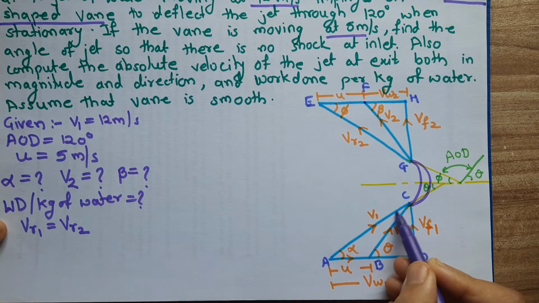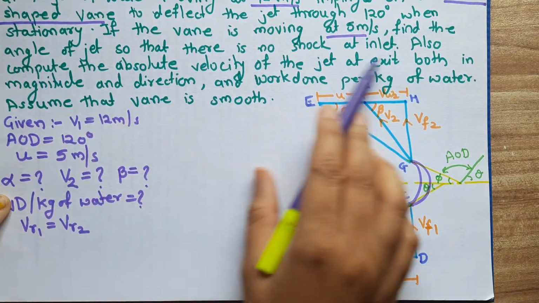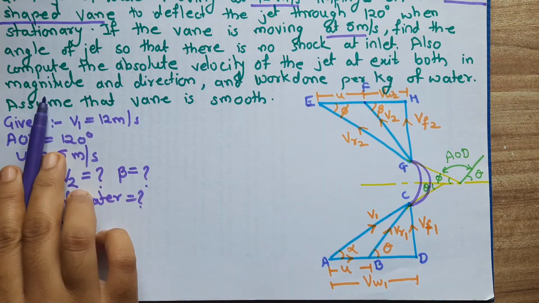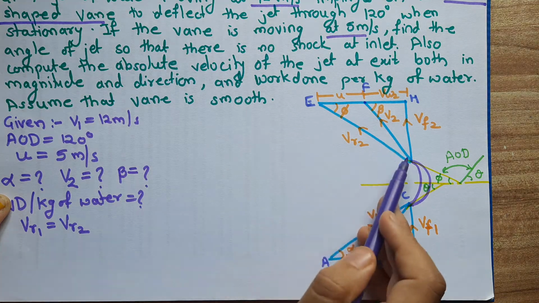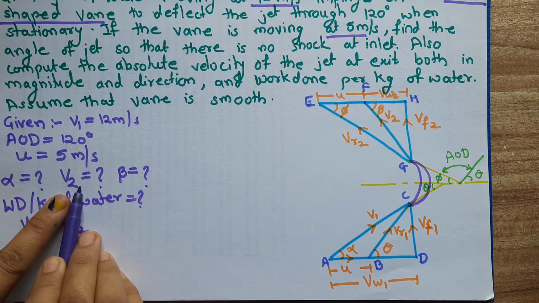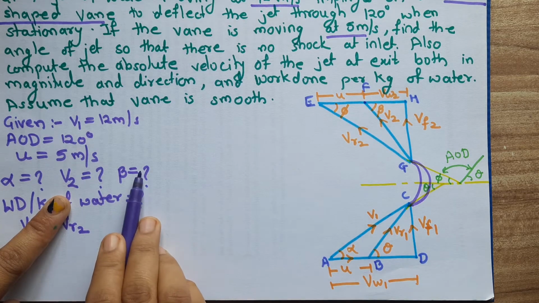So this is the inlet velocity and its angle is alpha. Again, absolute velocity of the jet at exit, both in magnitude and direction. Absolute velocity is V2. So V2 we are supposed to find, and angle of this V2, that is beta.